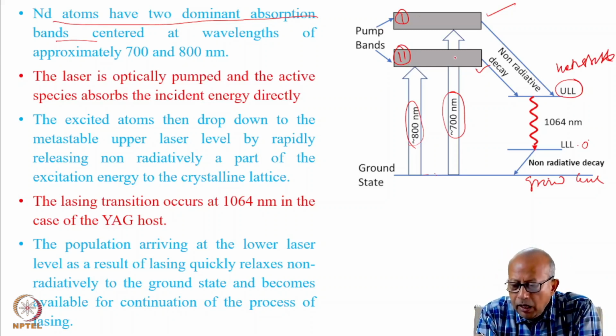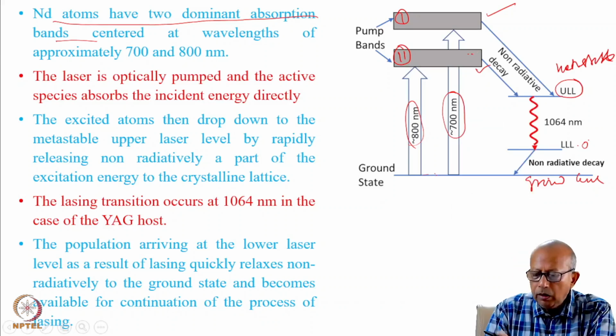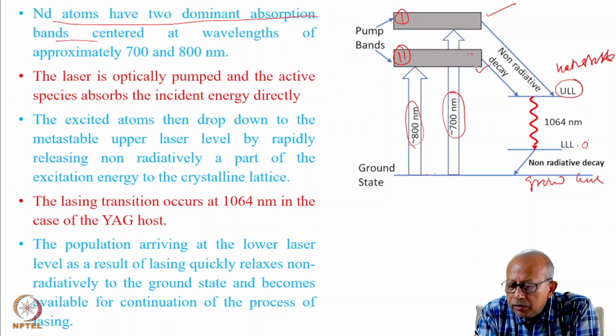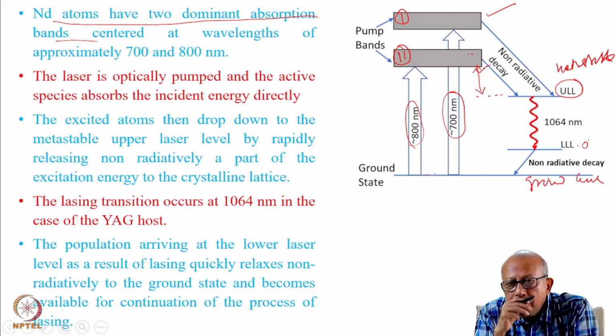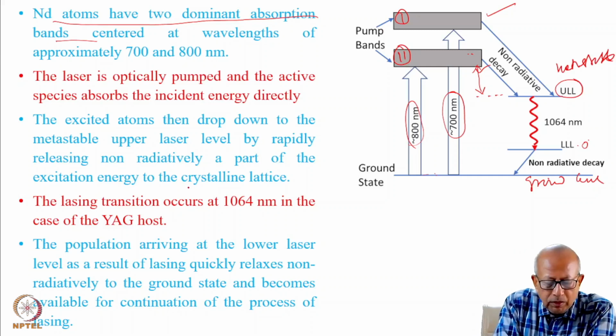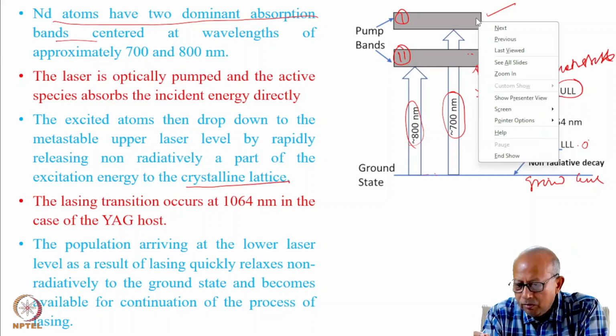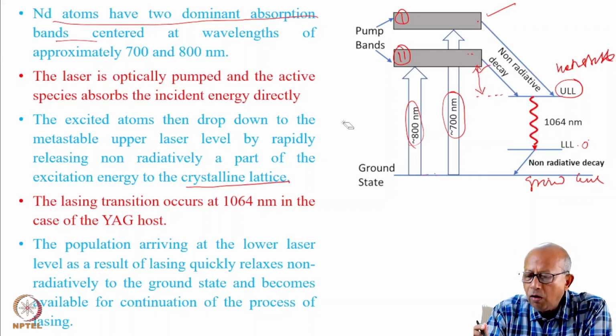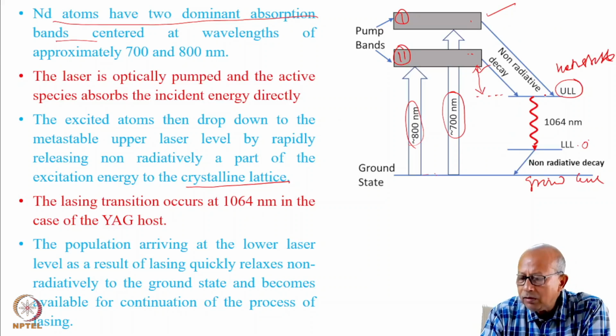So if the excited atom is here and has to drop down to this level, then this much energy has to be rapidly released to the crystalline lattice. And if it is transiting from this pump level to the upper laser level, then the energy that has to be released is this much energy.